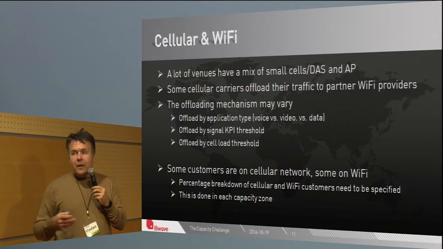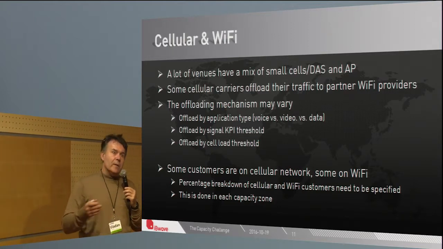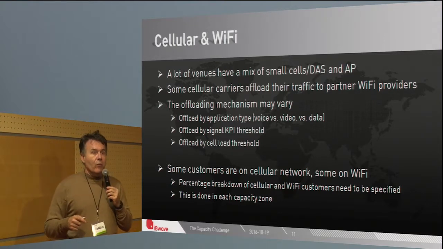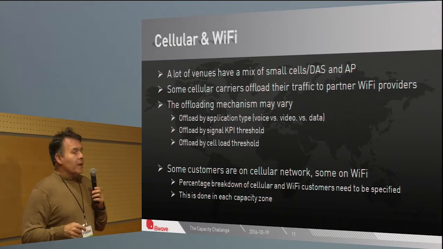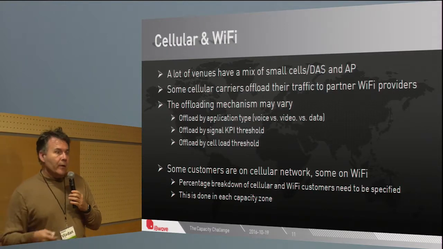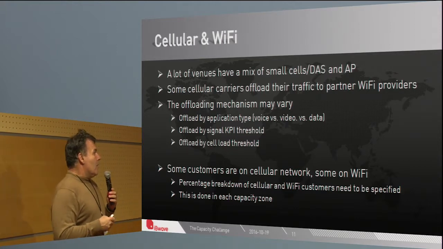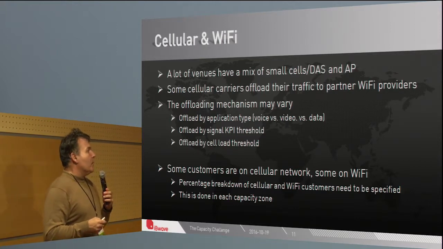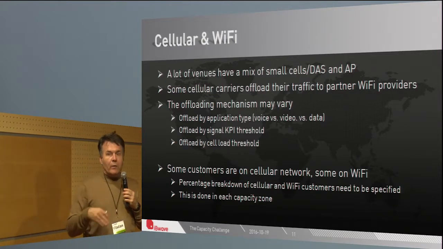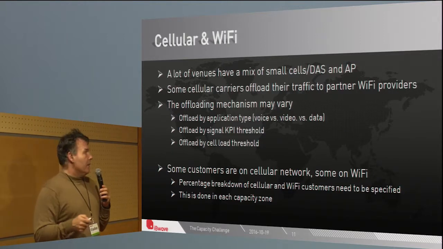Not in the sense that the customer is going to be connected to both at once, but some customers may stay on cellular, some customers may move to Wi-Fi. So that needs to be taken into account if you are aware that there is an indoor cellular network at the venue. So how do you do that? You have to figure out the percentage of cellular and Wi-Fi customers throughout the venue, and also do that in each capacity zone.